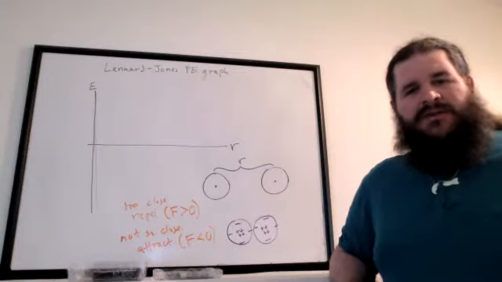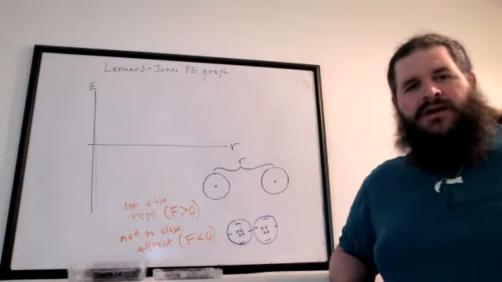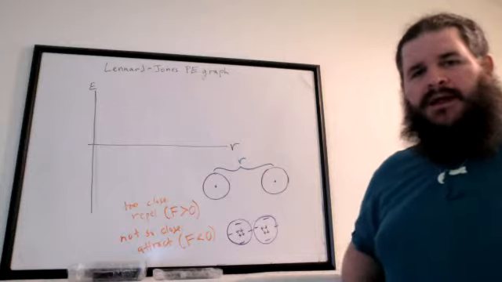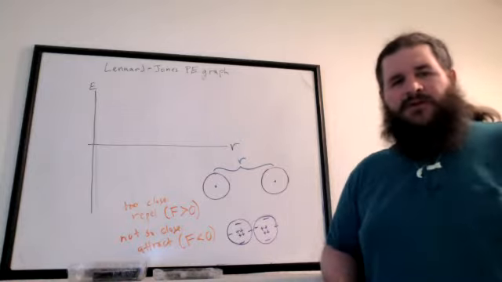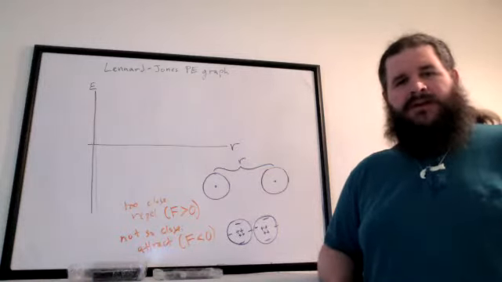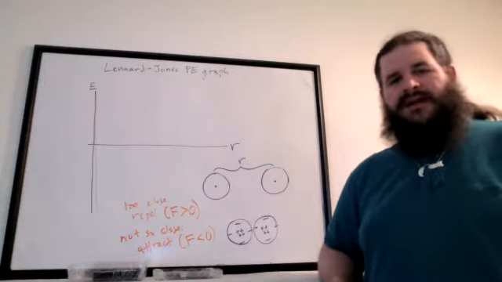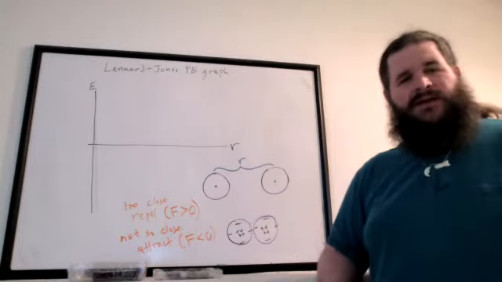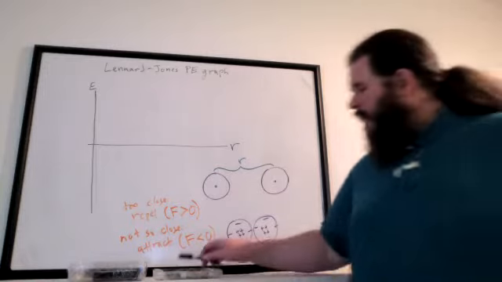No matter how far apart the atoms are, there is some force. But that force gets weaker and weaker the further apart the molecules get. And that's generally true for any long distance force. Any force that can act at a distance is going to get weaker and weaker the further apart the objects get. Whether it's gravity, electrical force, magnetic force, these forces all get weaker as the objects get further apart.